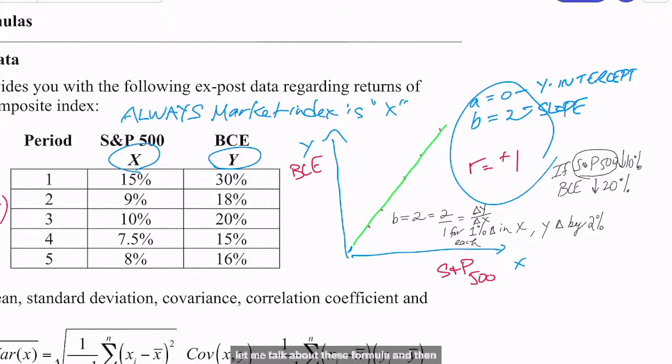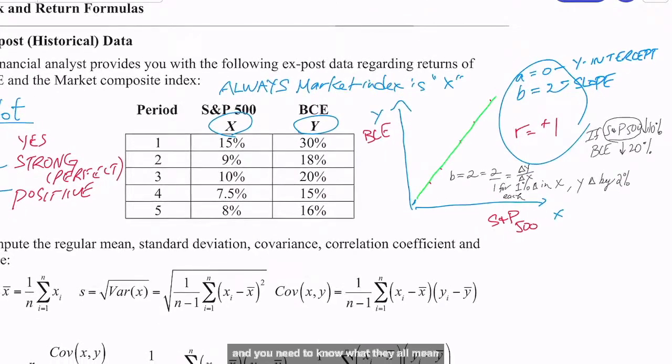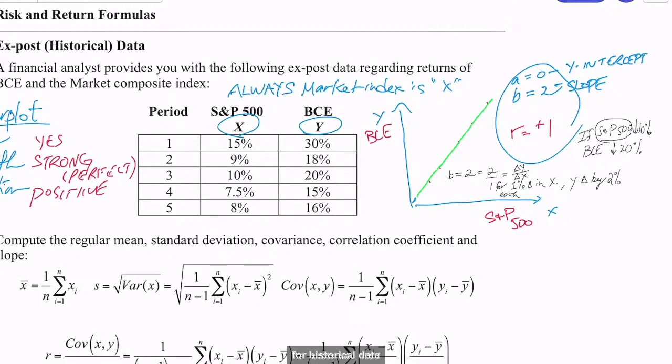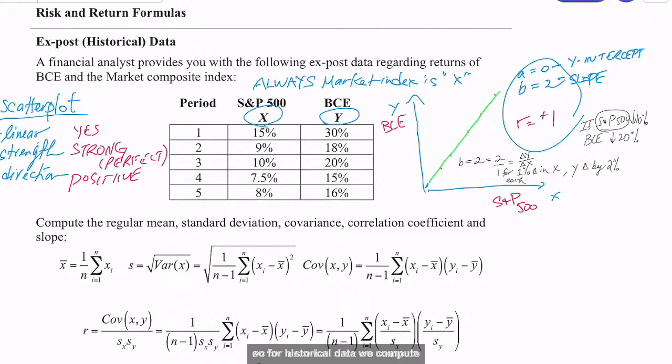Let me talk about these formulas, and then don't forget this. This is the big picture situation. This is what we're headed to do, but you need to know the formulas because I'm going to play with the formulas. And you need to know what they all mean. So, for historical data, we compute a sample mean like this, right?